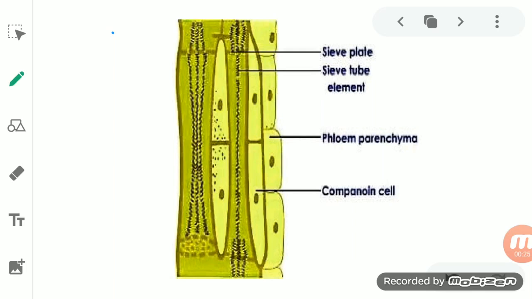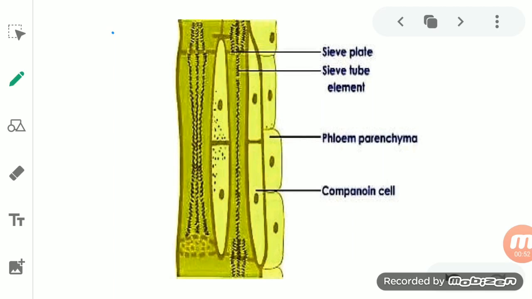It means their origins are different although they have the same function. So two or more different types of cells are combined together, and that's why we use the term complex or compound.